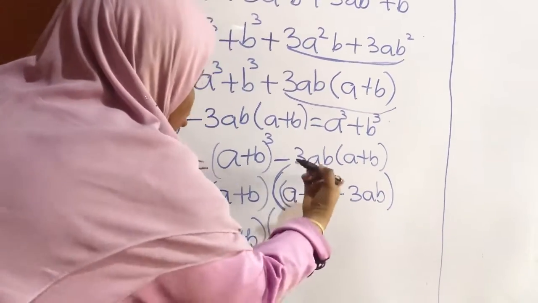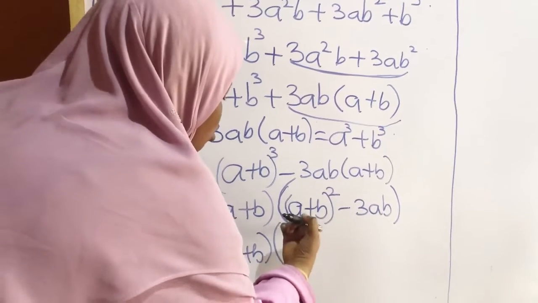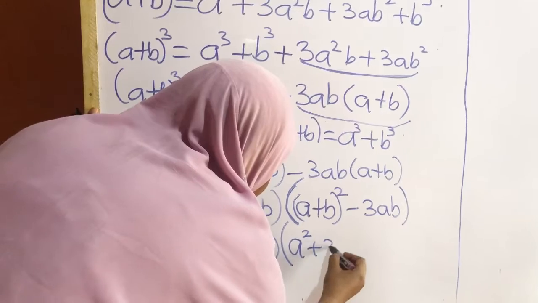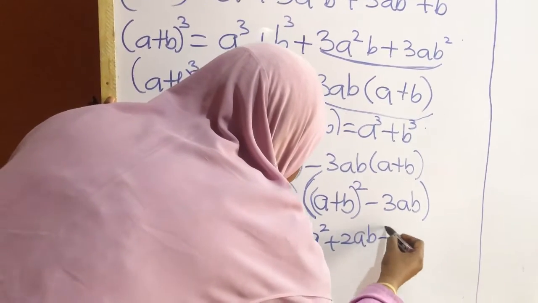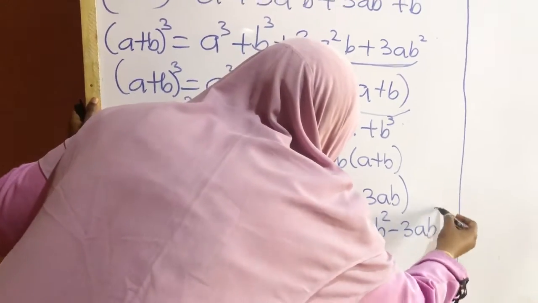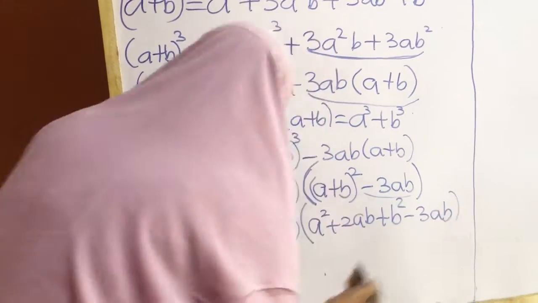This a plus b squared, by expanding it, or you use binomial expansion, you have a squared plus 2ab plus b squared minus 3ab. So I repeat this minus 3ab.